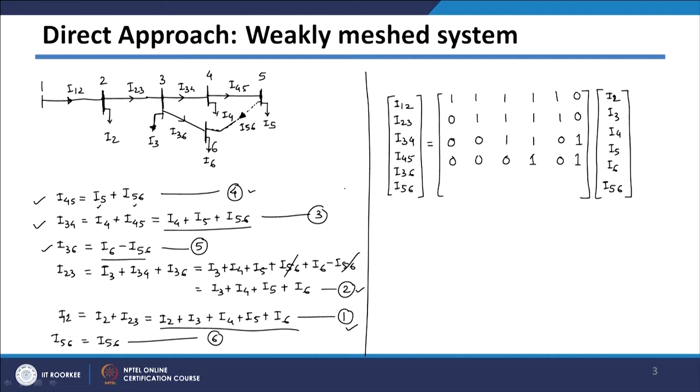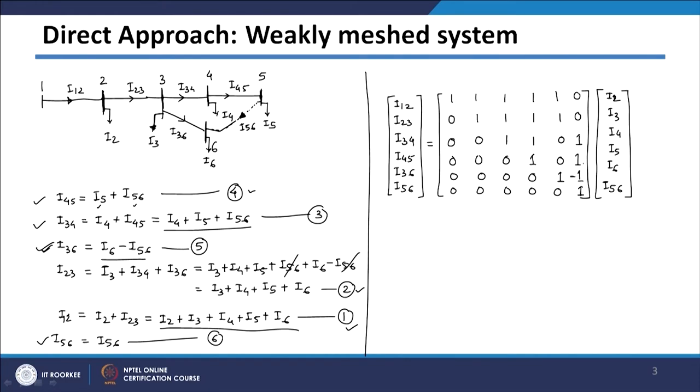Then in equation number 5, I36 is equal to I6. So here 0, 0, 0, 0, you get 1 here, and here we get it multiplied by -1. And in the last equation, equation number 6, all the entries are 0 except I56, so we get 1 here.